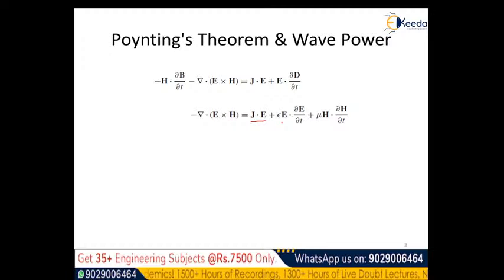So if you consider only capital D to be here, D is nothing but epsilon times E. Whereas if you consider capital B, that it is the magnetic flux density, we have capital B is equal to mu times H. So mu is the permeability of the medium and H is of course the magnetic field intensity here. So by the utilization of these two equations having the relation between the flux density and the field intensity, we have this new form of the equation that we can regard as equation number 7.